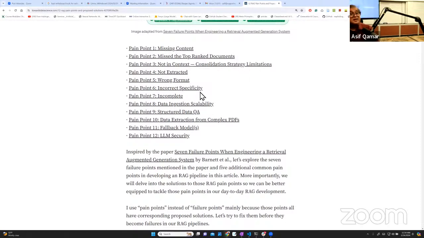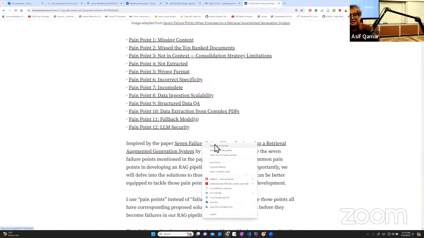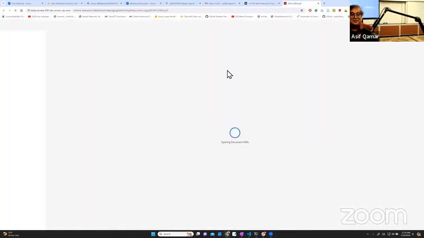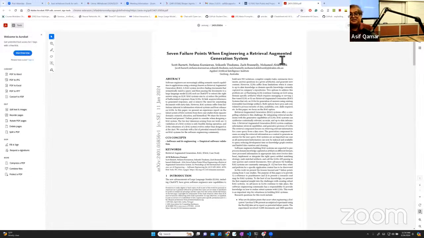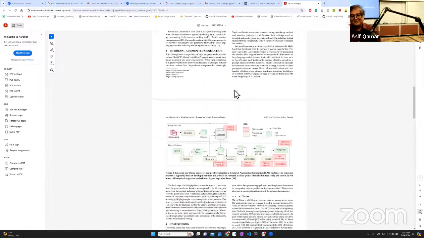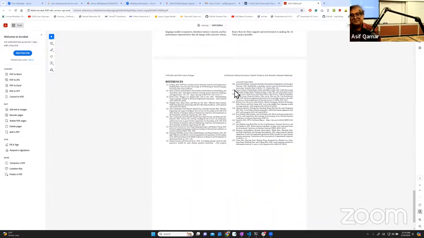And you can imagine that lots of people are thinking and doing things about it. So for example, if you look at this, there is a whole paper, 7 failure points when engineering a retrieval augmented generation system. Right? It's an arXiv paper. Good paper. How about this? I make it the paper.